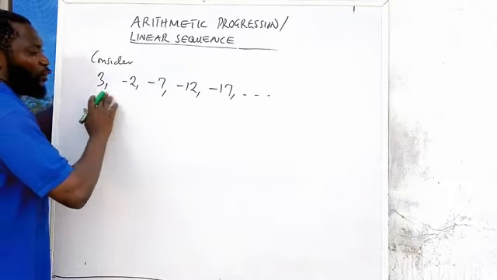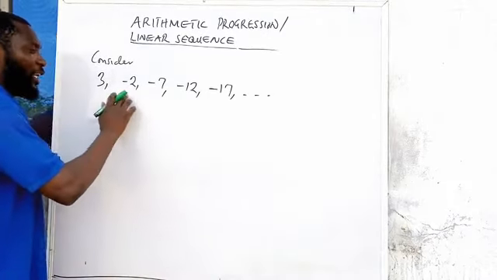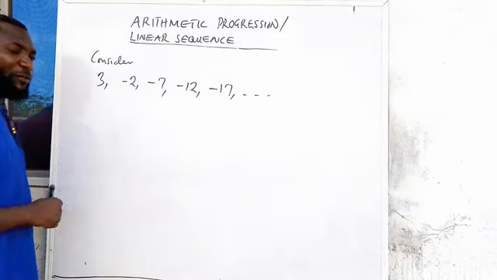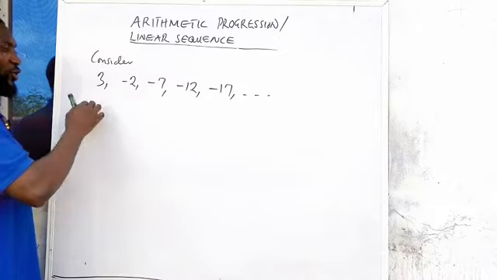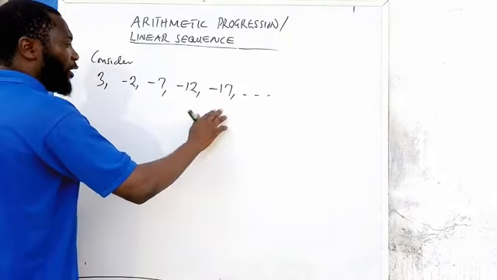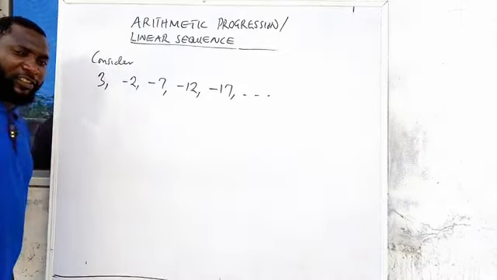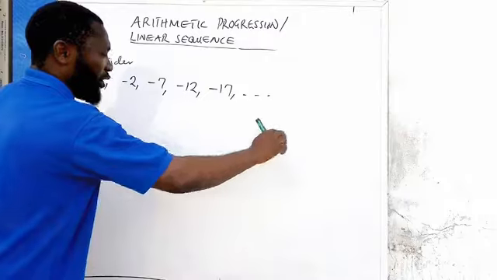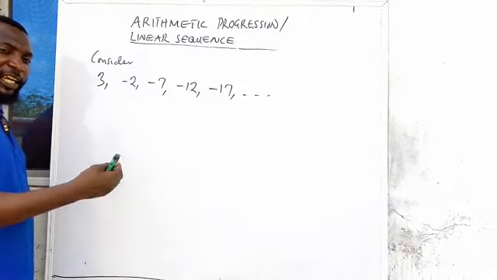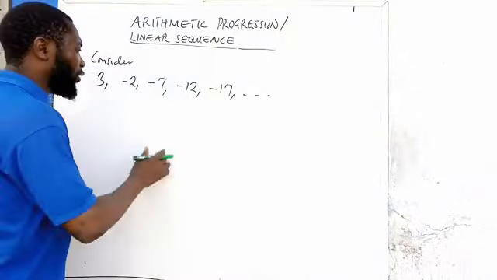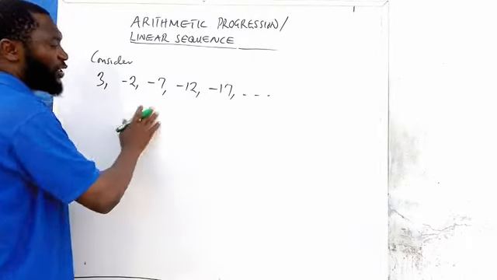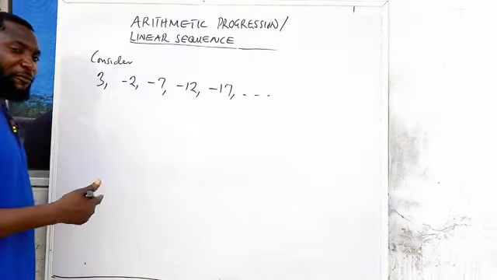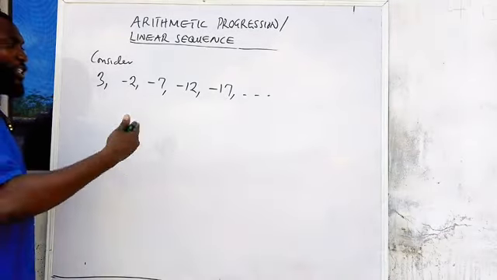And what do you observe that is being added here? Are we adding a positive number or a negative number? Definitely it's a negative number because this is decreasing. Most times when a negative number is being added, the sequence will be decreasing. When a positive number is being added, the sequence will be increasing. So definitely a number is being taken from each term.